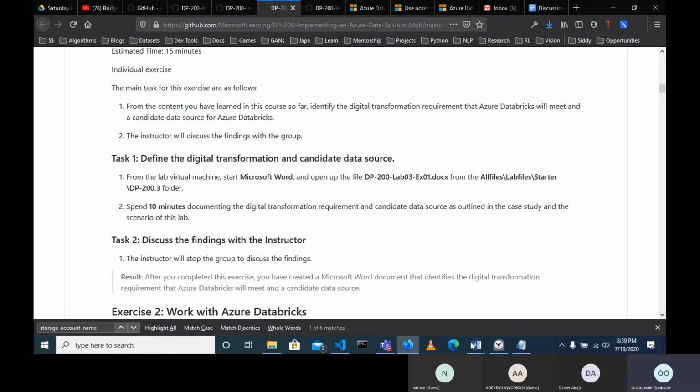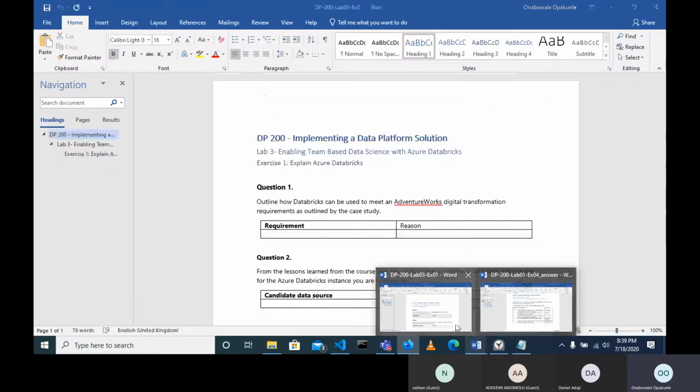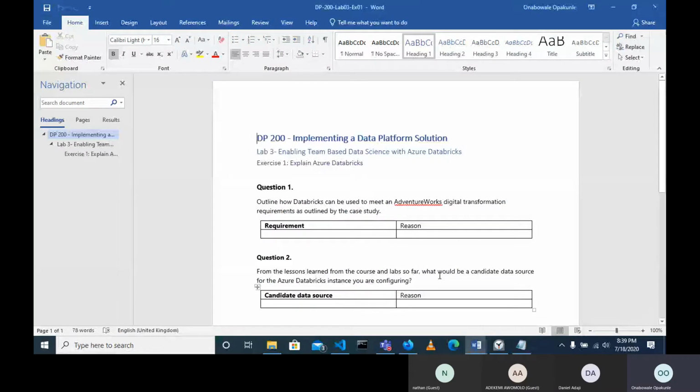Based on what we have just discussed, let's try and fill in the how. The question is, we should outline how Databricks can be used to meet an AdventureWorks digital transformation requirement as outlined by the case study.